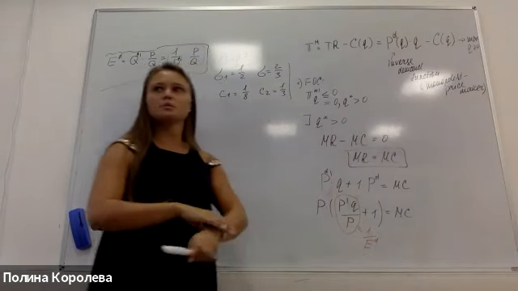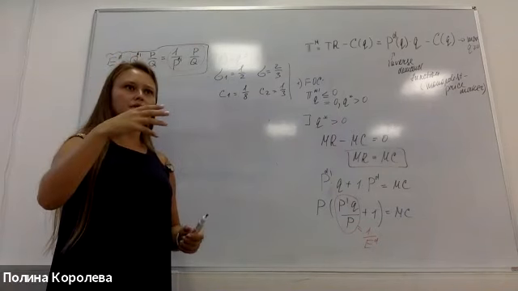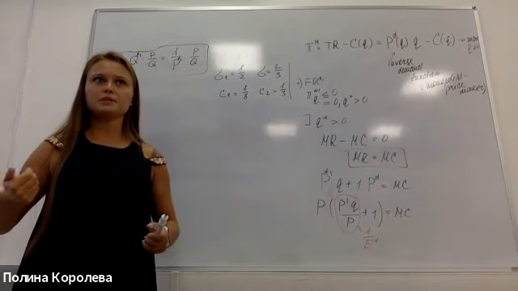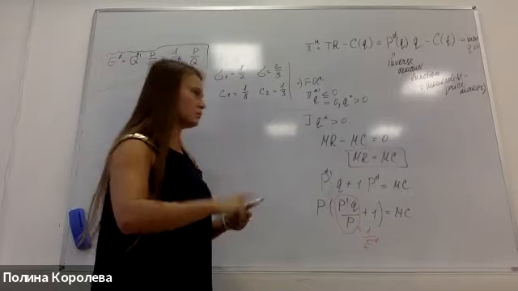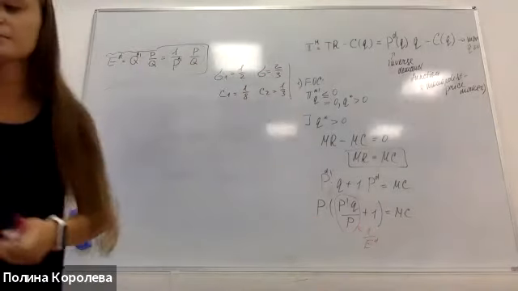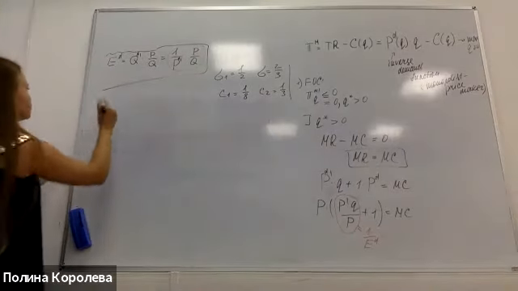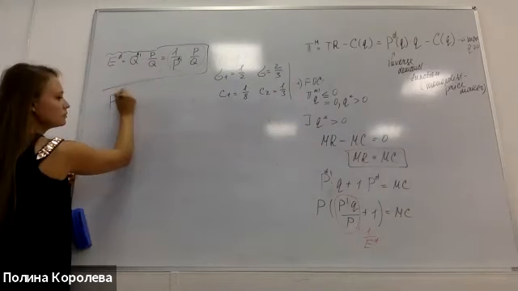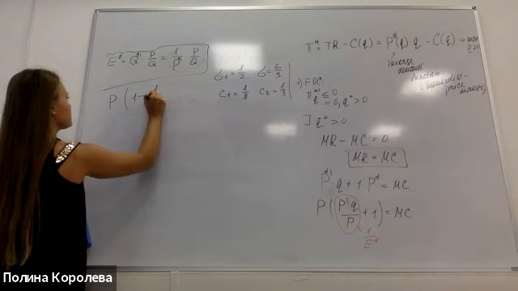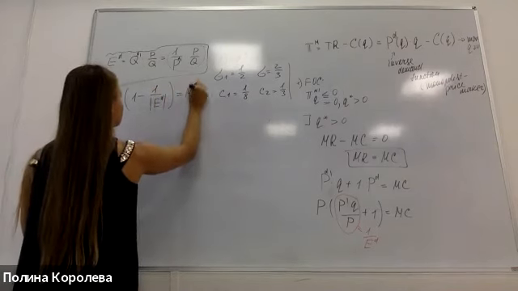Why? Because when the firm increases the price, buyers leave this seller, so the quantity goes down. So this is less than 0, and we will write it with the modulus: 1 minus 1 divided by the modulus of elasticity is equal to marginal cost.